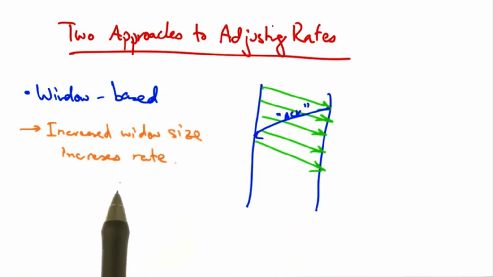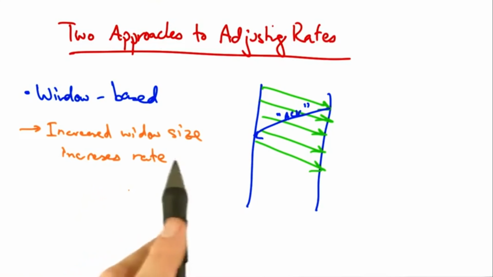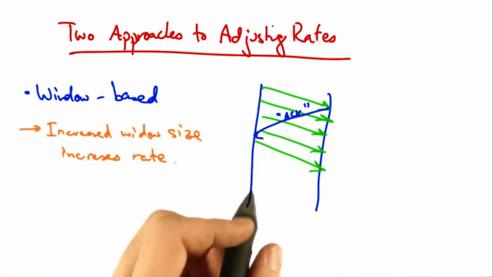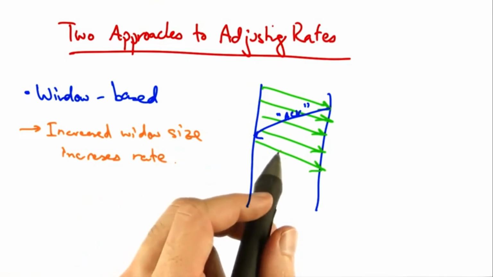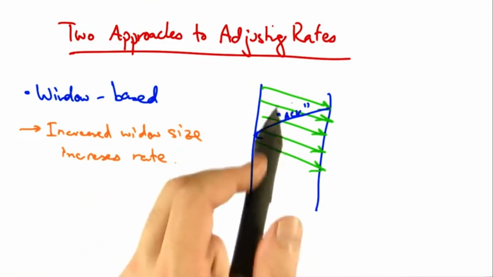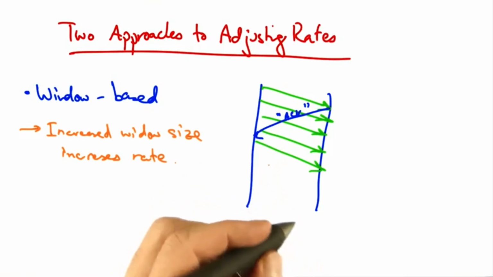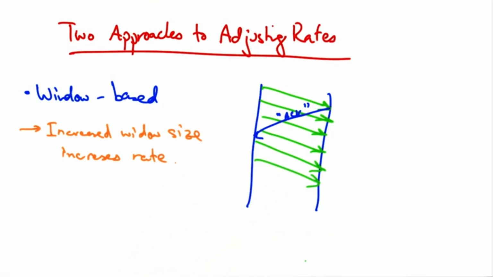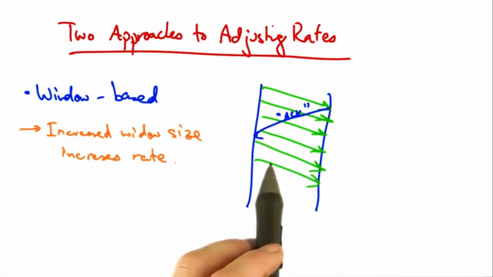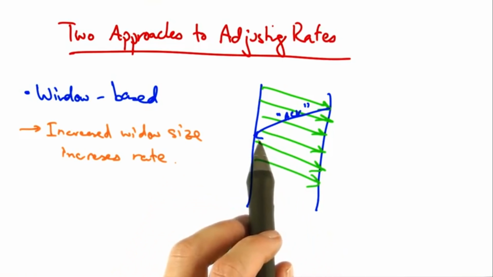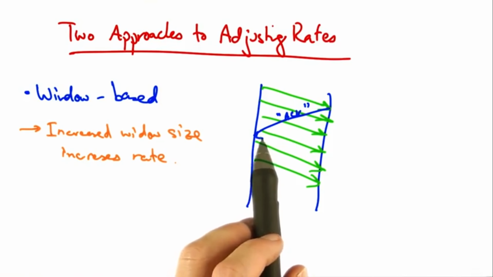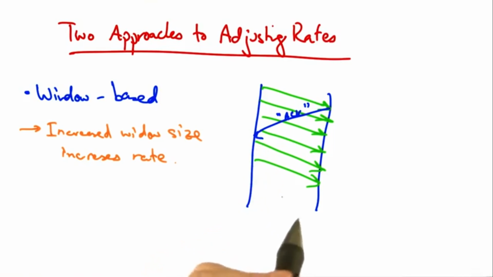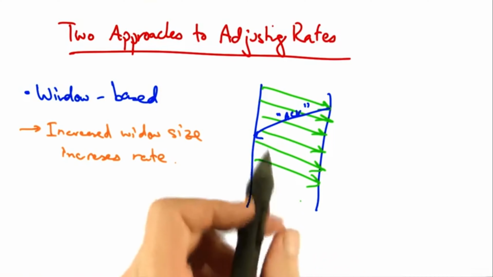In this case, if a sender wants to increase the rate at which it's sending, it simply needs to increase the window size. So for example, if the sender wants to send at a faster rate, it can increase the window size from 4 to 5. A sender might increase its rate anytime it sees an acknowledgment from the receiver. In TCP, every time a sender receives an acknowledgment, it increases the window size.